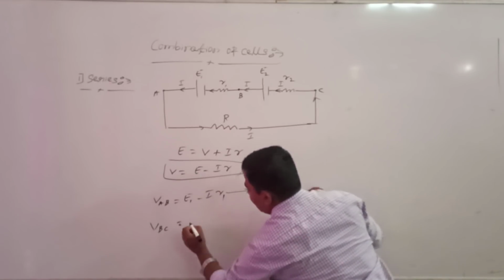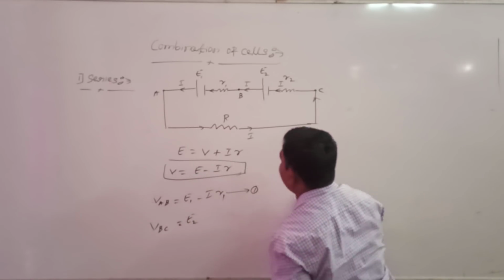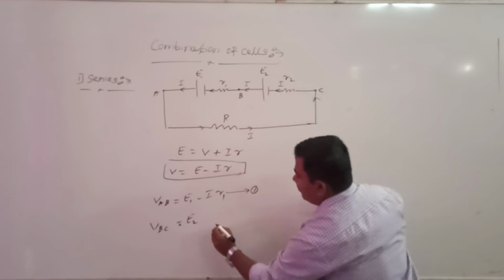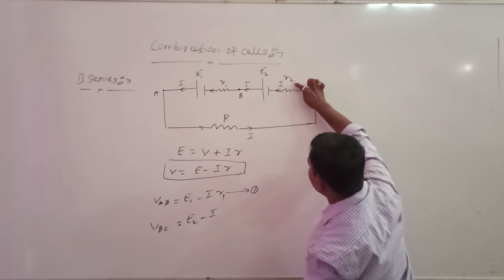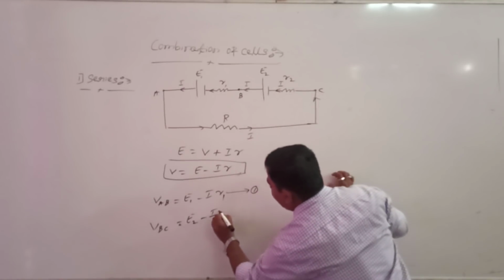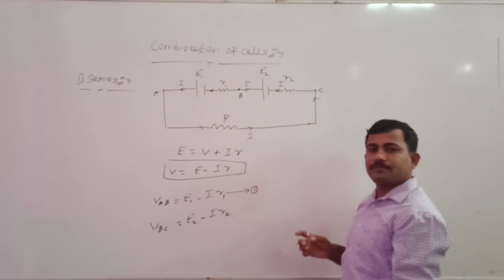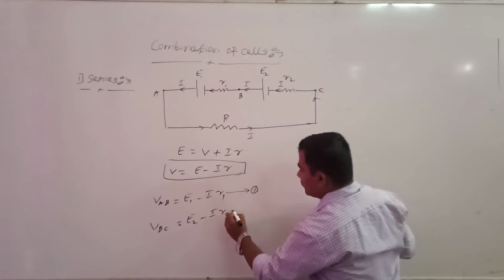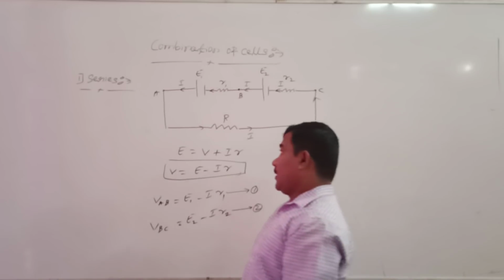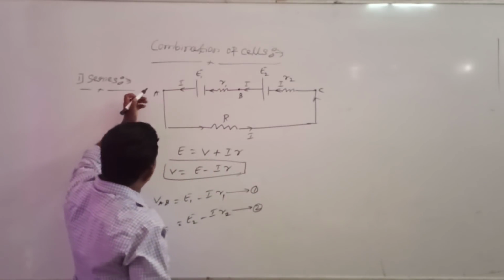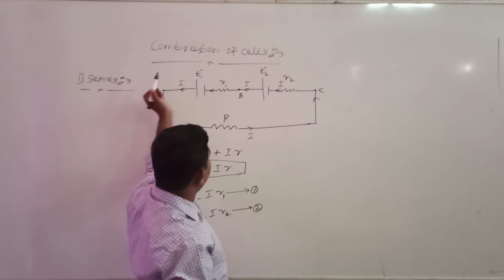In this equation, E can be replaced by E2 because here the EMF E2 is available. The current I is available, and the internal resistance is R2. This is equation number 2. But we need the potential difference from point A to point C.